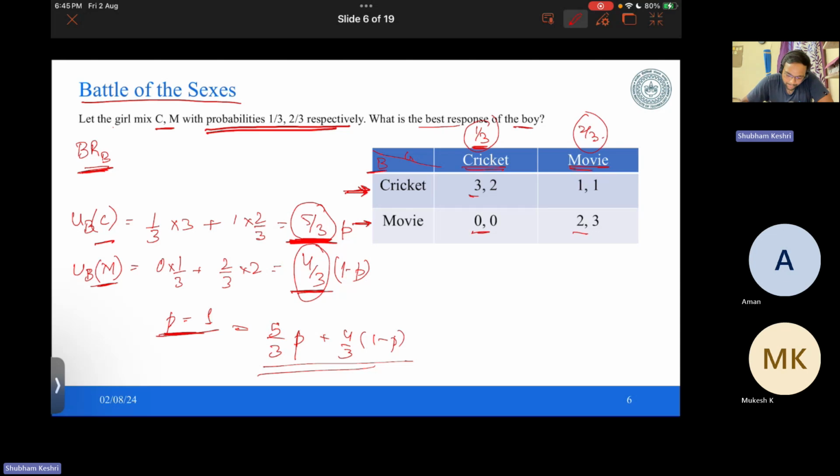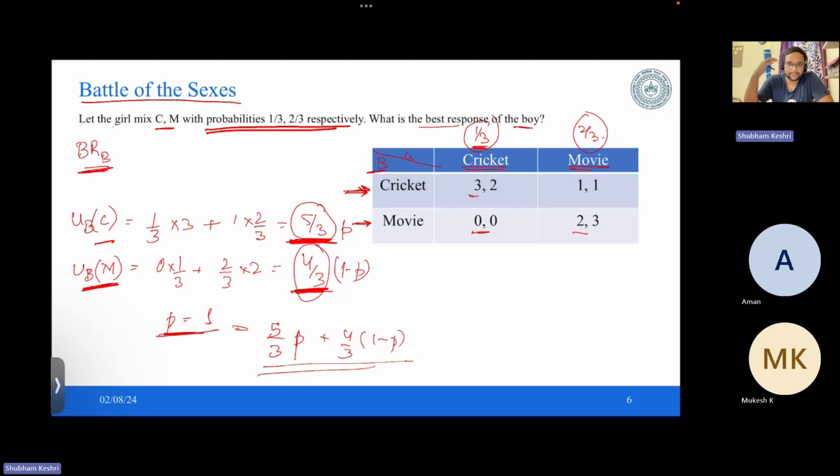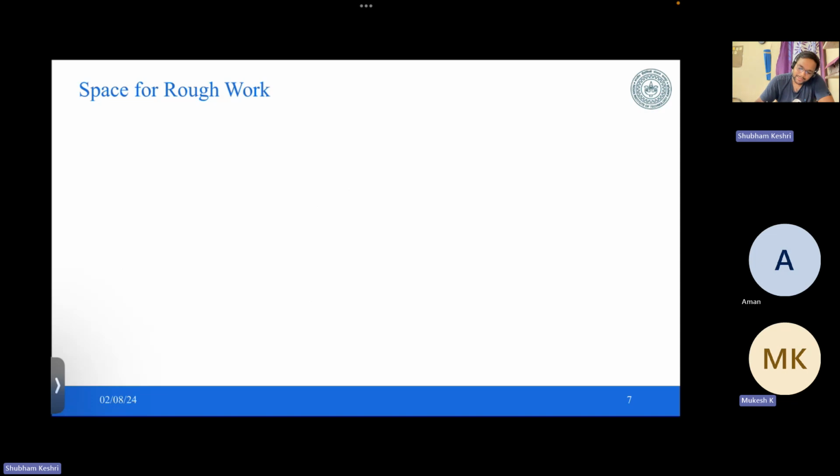It is because the utility when he plays movie is 4/3 because of the strategy of the girl. These numbers are important. We have obtained 5/3, which is greater than 4/3, and hence cricket. All right, so we'll just discuss the Battle of the Sexes again.